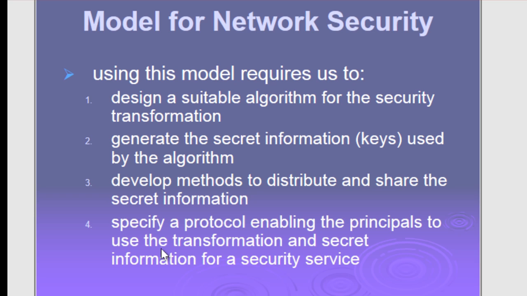You can choose any one of them, and then you also have to choose the secret key. After that, this key has to be distributed between the parties, otherwise the information cannot be transformed. So distribution of the secret key is also very important, and they have to choose the protocol.